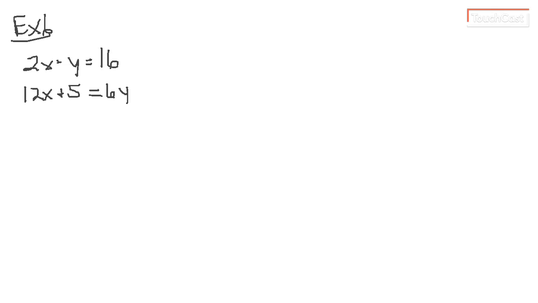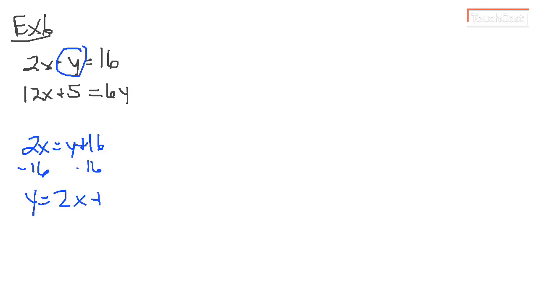Now I notice in the first equation, y has a coefficient of negative 1, but let's solve it for y. So when I solve that equation, I can add y, get 2x equals y plus 16, and then I can subtract 16, get y equals 2x minus 16. So I'm going to plug 2x minus 16 in for y in the other equation.